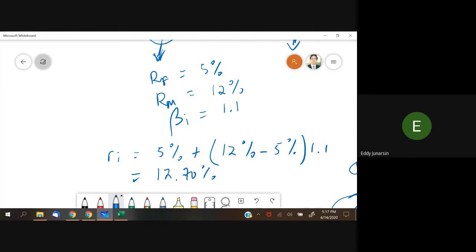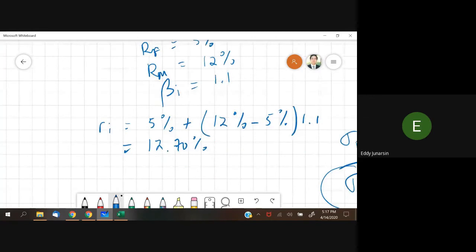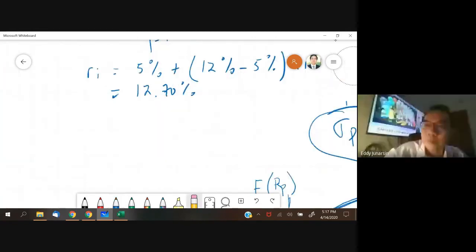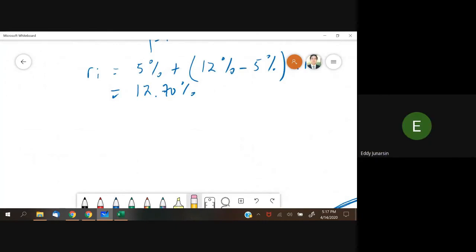So 12.7% is the required return on this security, the required return by the stockholders. So this is the cost of equity to us. This is the second approach to estimating the cost of retained earnings or cost of existing equity.